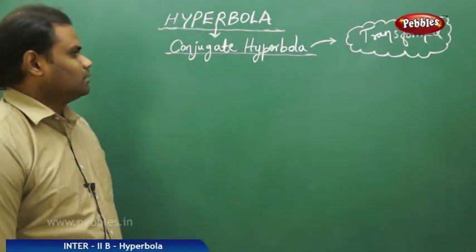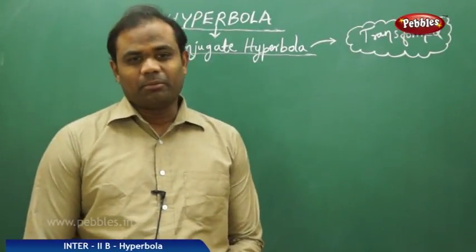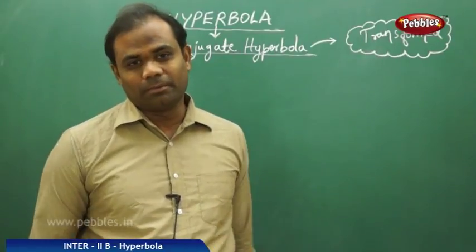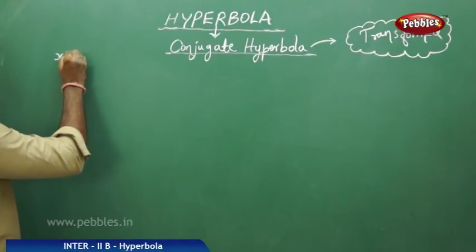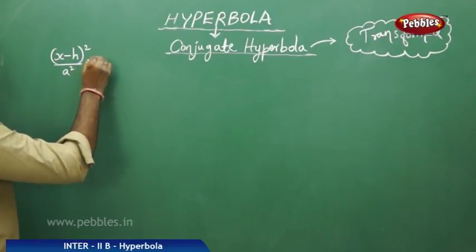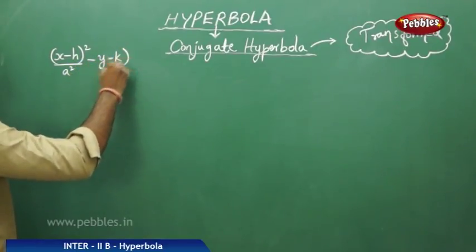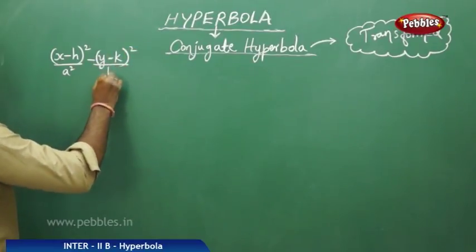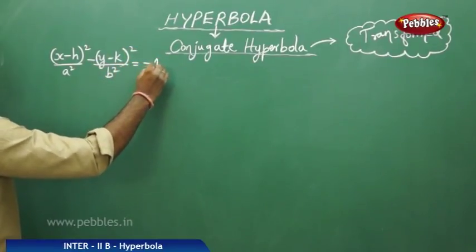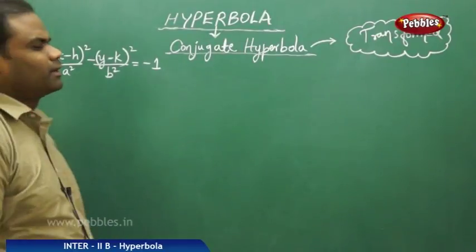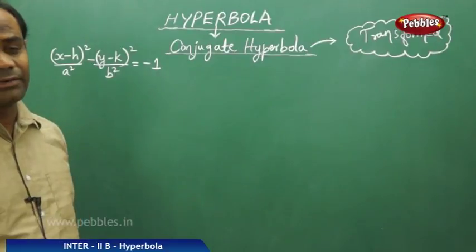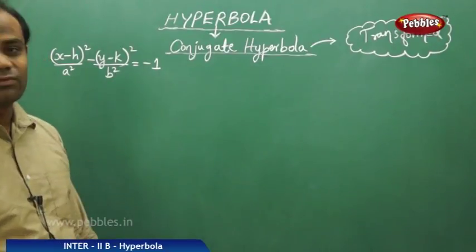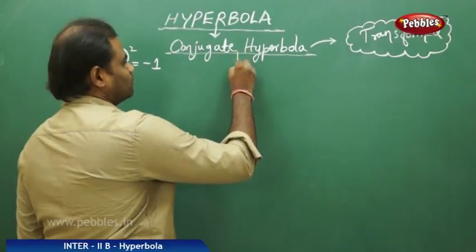Now here, let's find the conjugate hyperbola in transformed form with all its properties. That is, if I have a conjugate hyperbola in the transformed form, then let's find the properties like foci, directrix, etc. for this transformed hyperbola in conjugate form.